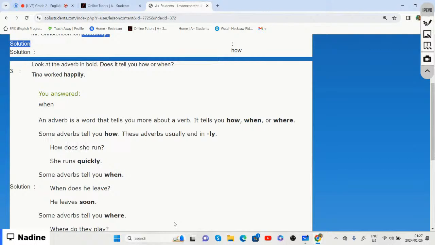So Tina worked happily, and the word happily tells us how. So how did Tina work? Happily. Happily is our adverb.